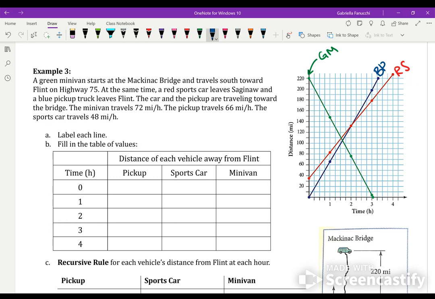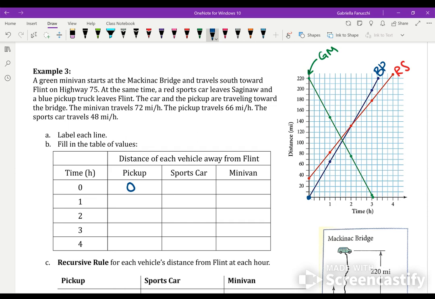So at time 0, at the 0 hour, where is the blue pickup? Well, it's 0 miles. If you look right here, at 0 hours, it's at 0. The red sports car, at 0 hours, where is that red sports car?